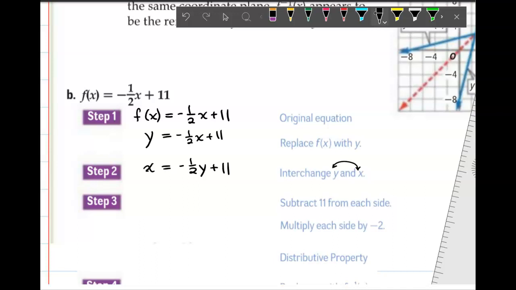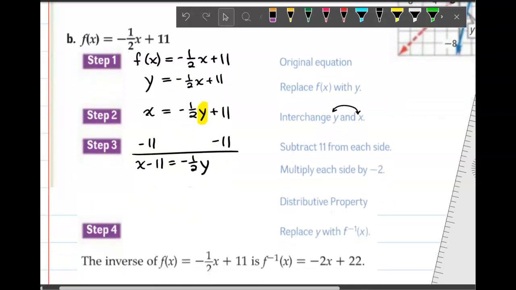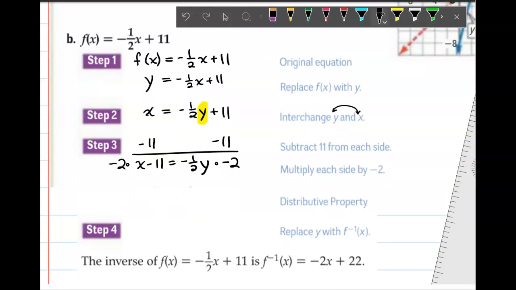Now we have to solve for our new y and get it all by itself by subtracting 11 from both sides. And finally, multiplying each side by negative 2, because that's the same thing as dividing by a negative half.